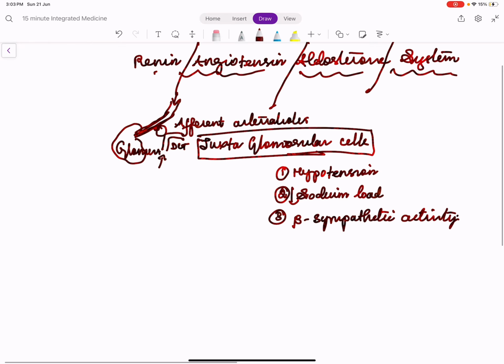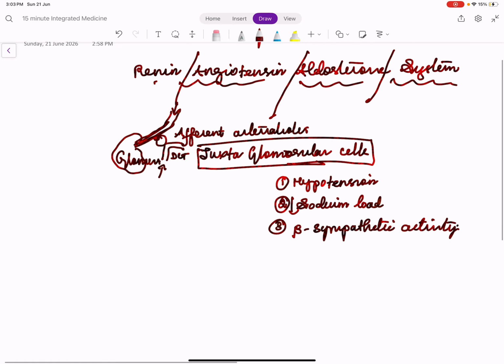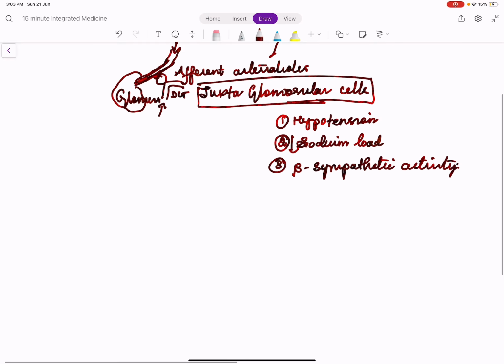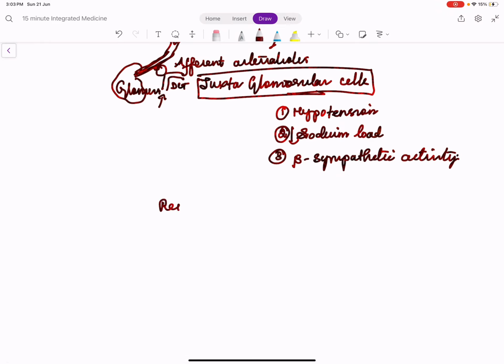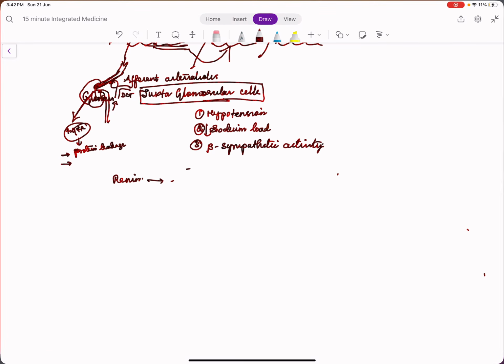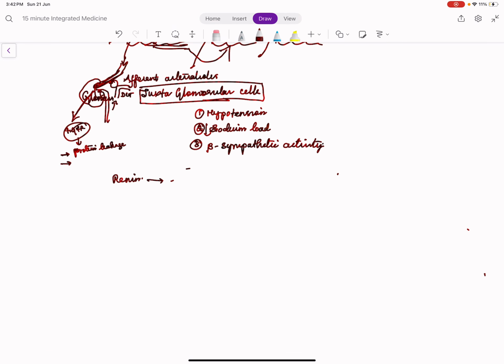Now what does this renin do? Angiotensinogen is another peptide which is secreted by the liver. The function of renin is that it converts angiotensinogen, which is produced by the liver, into angiotensin 1.